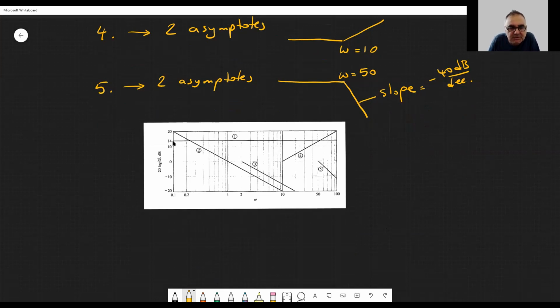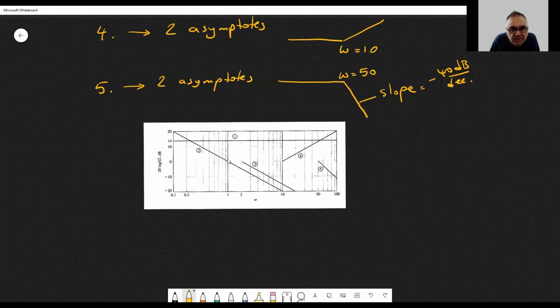The first one is 14 dBs, a straight line. The second one, by the way, is a logarithmic plot in terms of omega. As you see, it is 0.1, 1, 10, 100. They are all equidistant: from 0.1 to 1 is equidistant with 1 to 10, and from 10 to 100.